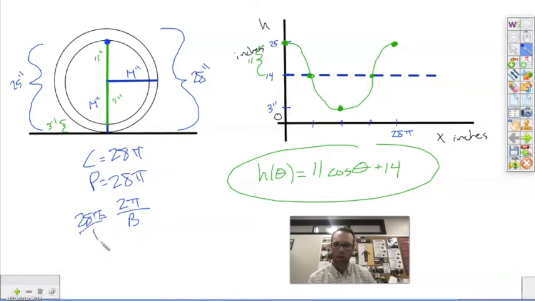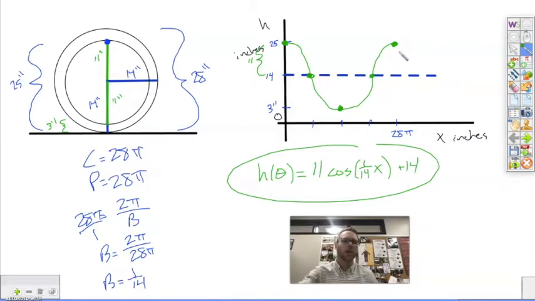Well, b is 2 pi over 28 pi, so b is just 1/14. So we're going to have to change this to be 1/14 x. We still have our plus 14 to slide the midline up.